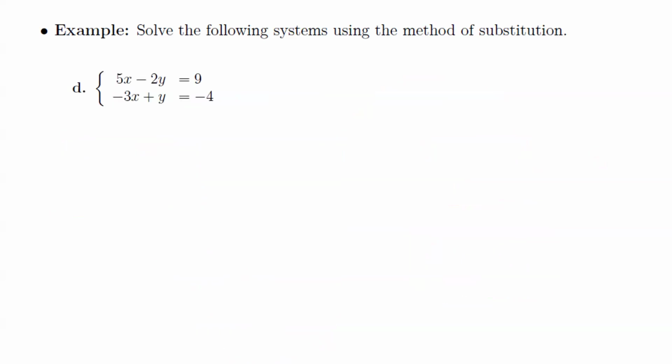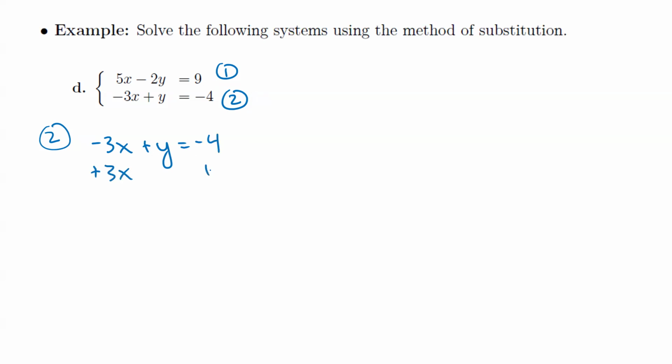In part D, the best choice here, of course, is to get this y by itself from equation number 2. So here's equation number 1. Here's equation number 2. So negative 3x plus y equals negative 4.